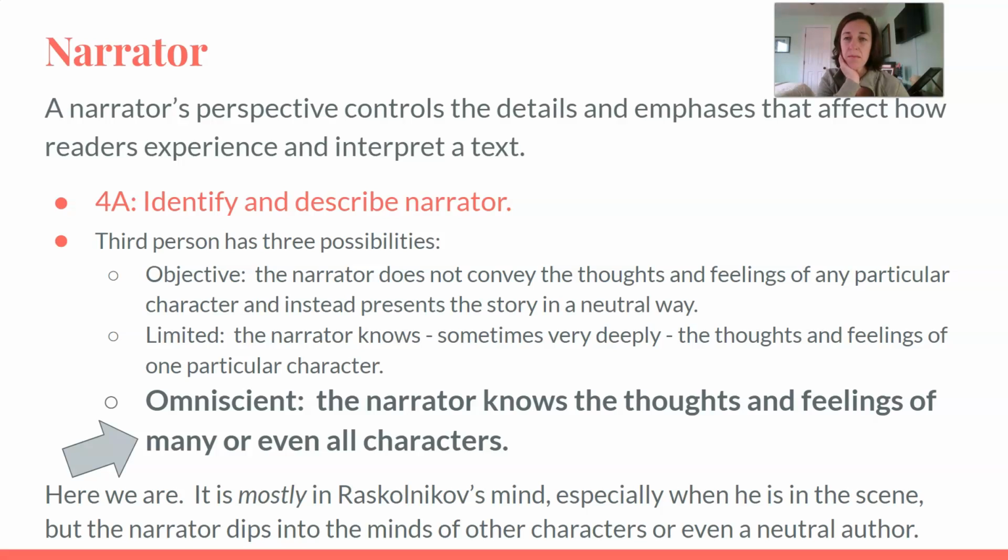But the narrator dips into the minds of other characters, or even there's a neutral author who sometimes speaks. So it's not limited. I think you can make the case that there are long tracts of text where it is a limited third-person perspective, but the question is what the book is, and the book is omniscient third-person perspective.